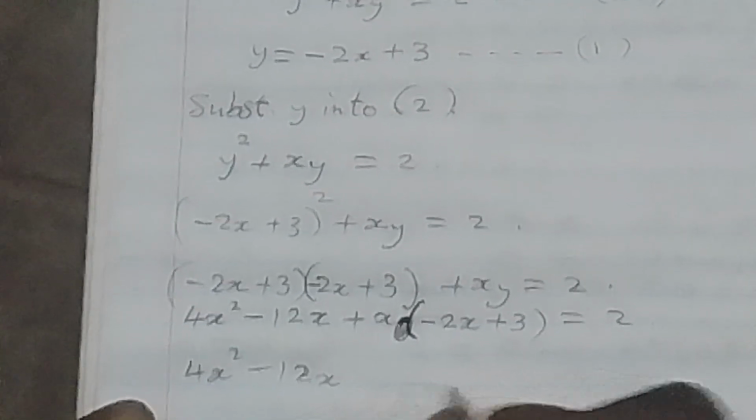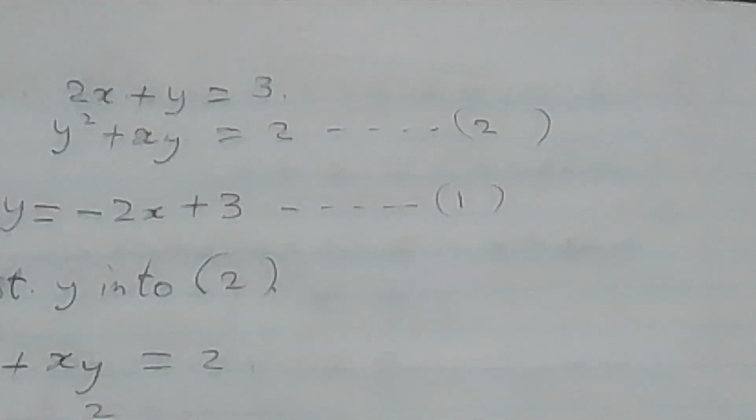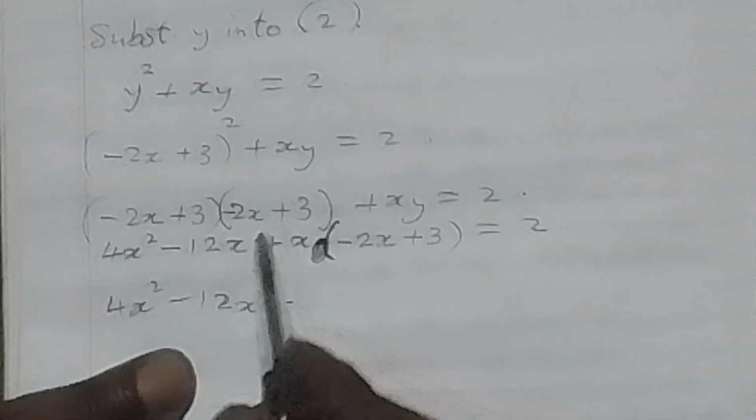Now I have to distribute this x into the bracket of minus 2x plus 3. I have 4x squared minus 12x. Negative times positive is negative. Okay, let me do this. I can see that I have left out this 3 and 3 to be multiplied. Okay, I will put it later.